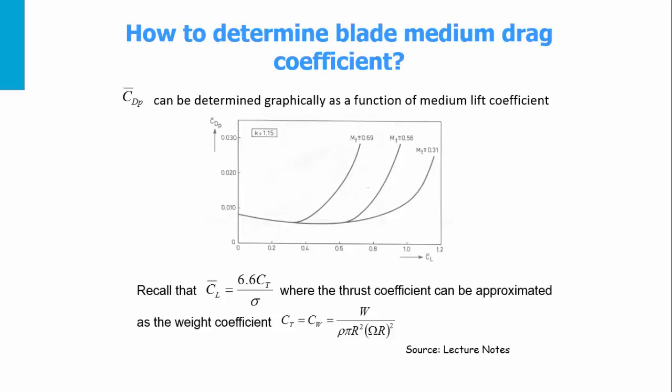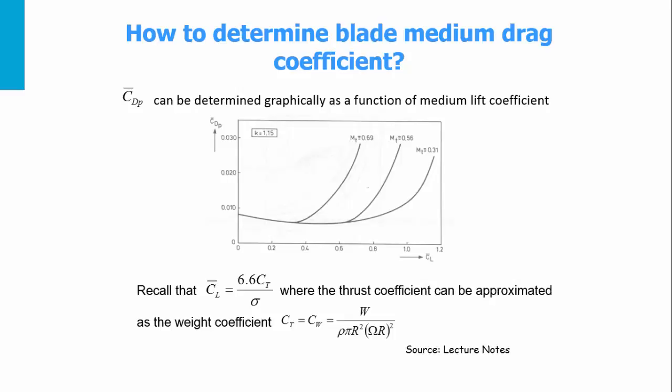How to determine the mean drag coefficient? Usually, the mean drag coefficient can be determined graphically using this plot of the mean lift coefficient as a function of the mean drag coefficient. If you recall the blade element theory, we demonstrated that the mean lift coefficient can be easily calculated as 6.6 CT over sigma, approximating CT with the non-dimensional weight coefficient.